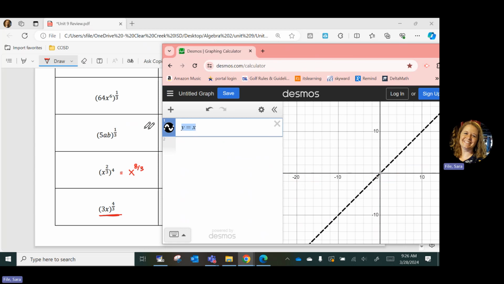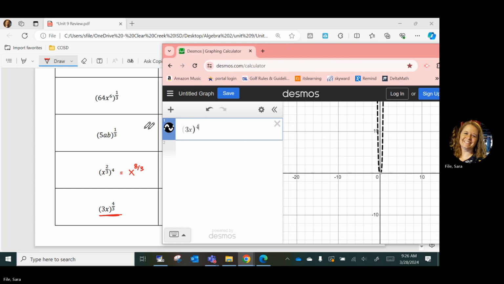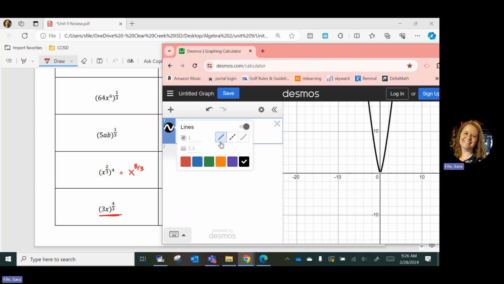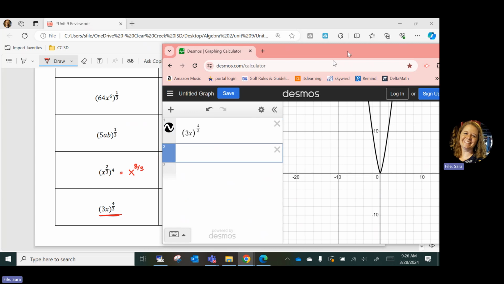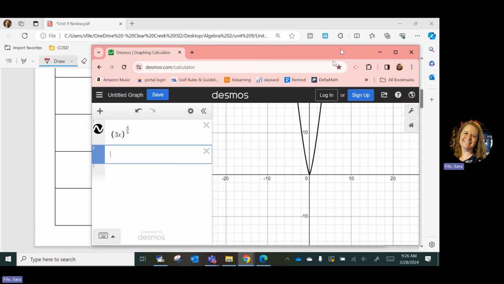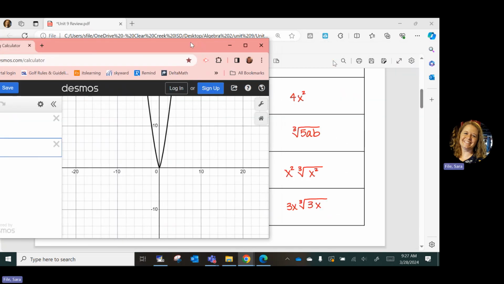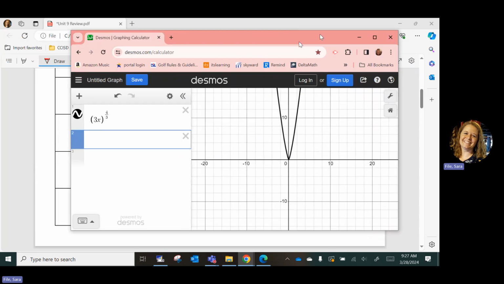The original is 3x to the 4/3. Okay, and I had that as a dashed line, I'll change it to solid. Okay, so that's what we started with. So what we changed and reduced it to is 3x times the cube root of 3x.